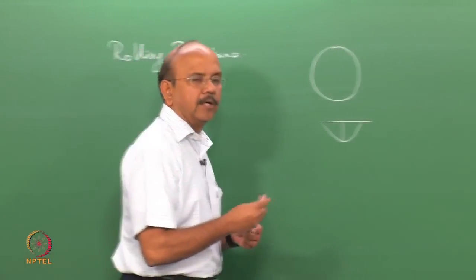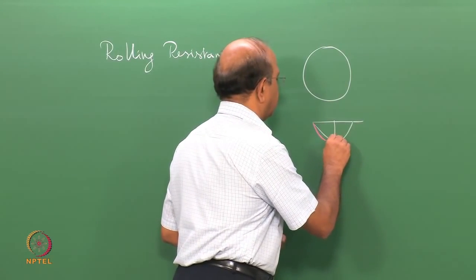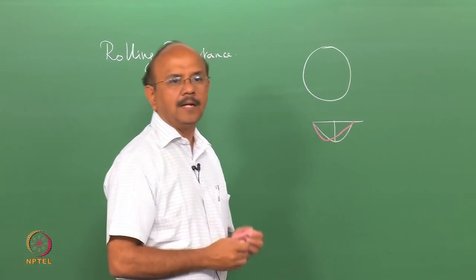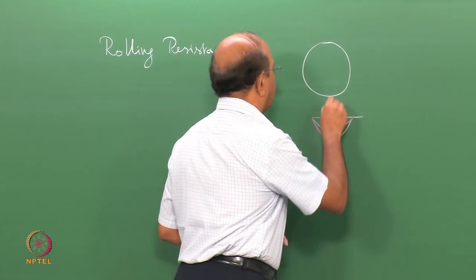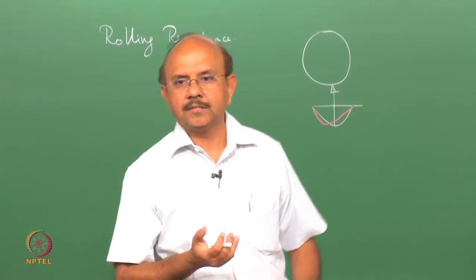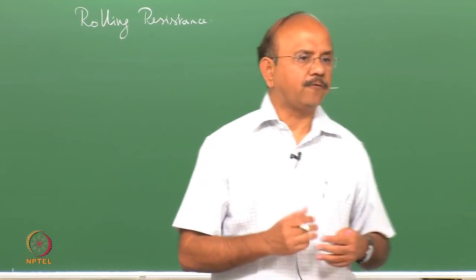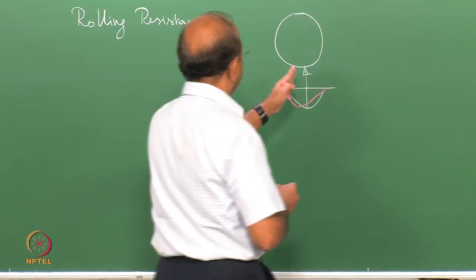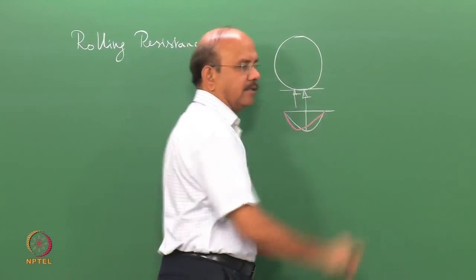And we said the loading curve is higher than the unloading curve, so it has to be like this, and this results in an unsymmetric force, which is the force that is exerted by the ground onto the wheel. That force is not going to be symmetric right at the center, but will be away from the center.